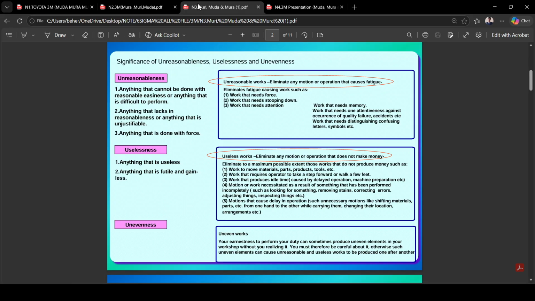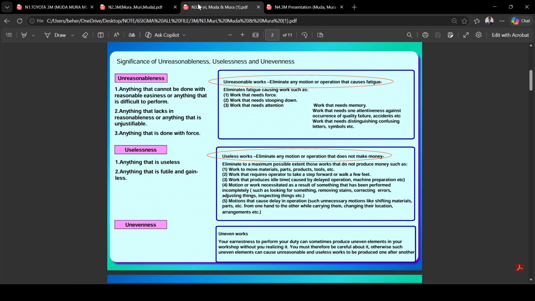Then uselessness: anything that is useless, fatal and gainless.